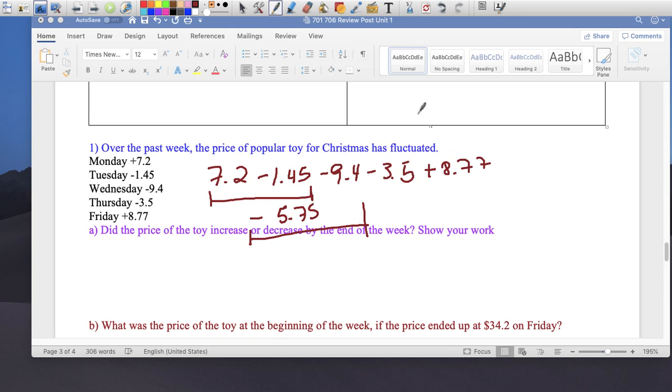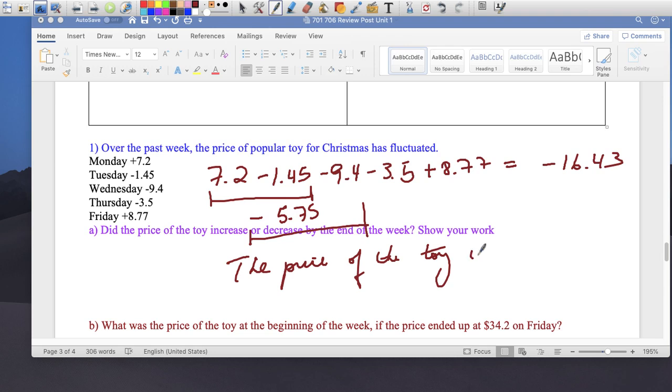So I got that the price at the end of the week is going to be negative 16.43. So did the price go up? The price of the toy. So I'm going to write the price of the toy went down or decreased.